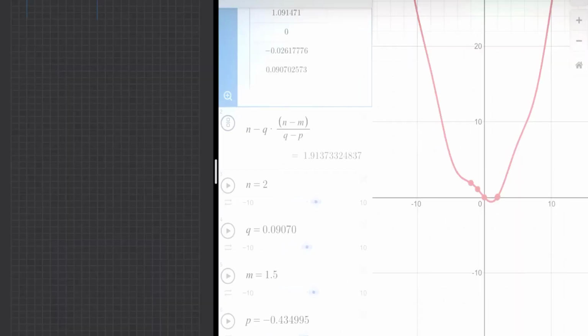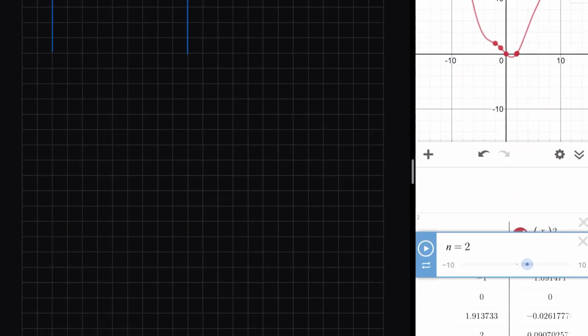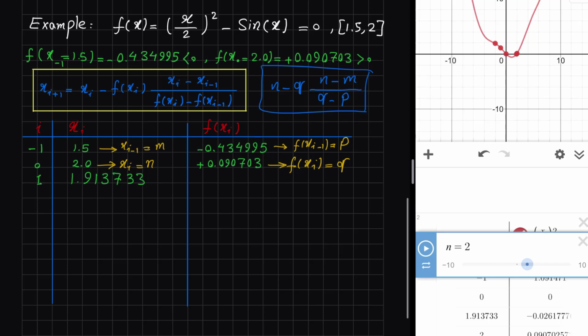So I'm going to put that value here in the table. So minus 0.0261, let's round it up, 8. So this is our new value for f(xi). So that's for iteration 1.